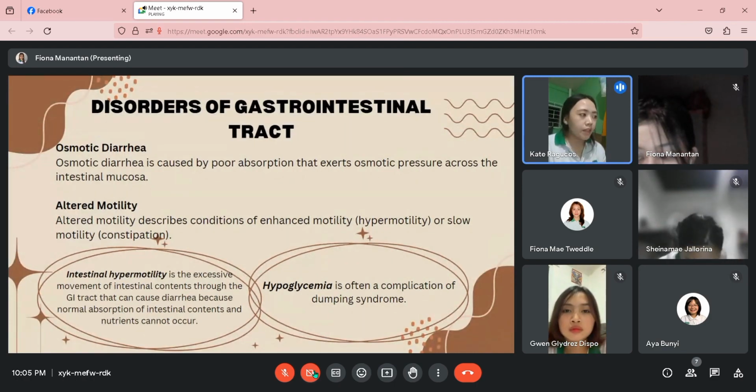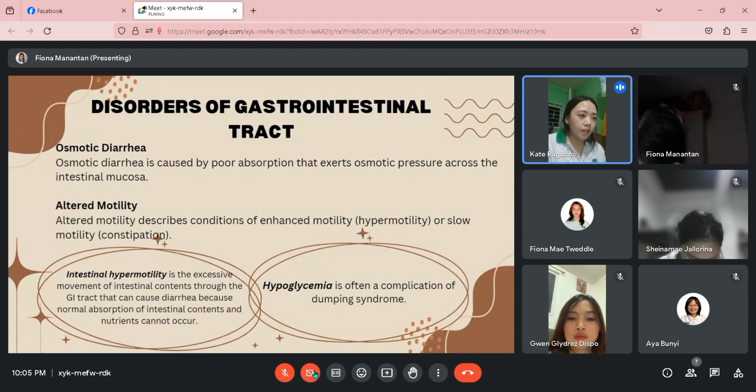Likewise, pancreatic disorders including cystic fibrosis, chronic pancreatitis, and carcinoma that decrease the production of pancreatic enzymes are also associated with steatorrhea.